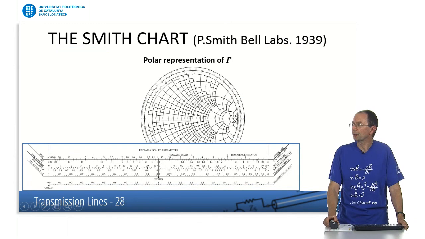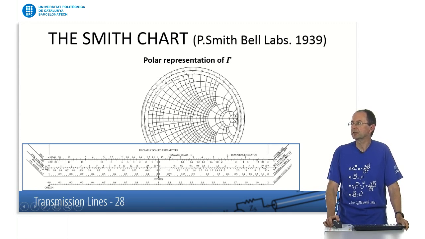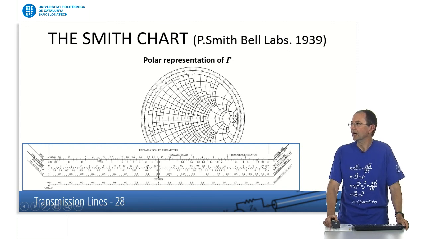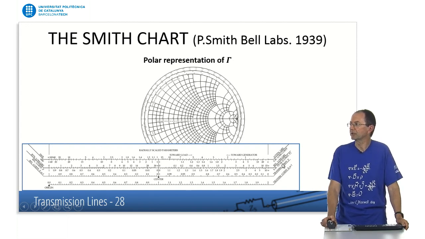Also, the radius from the center represents important parameters in the transmission line, in particular the standing wave ratio that we have seen before when we have a reflection coefficient, and also losses due to mismatch if we have a reflection at the end of the line, and so forth.